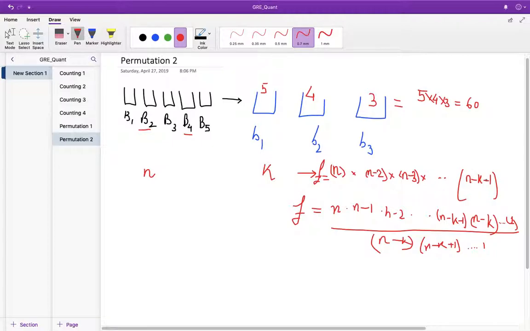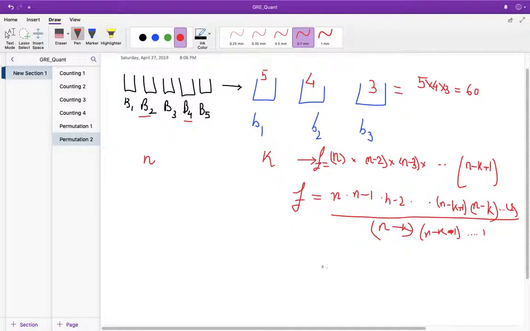And so this fraction can also be written as n factorial upon n minus k factorial. And there you have it.